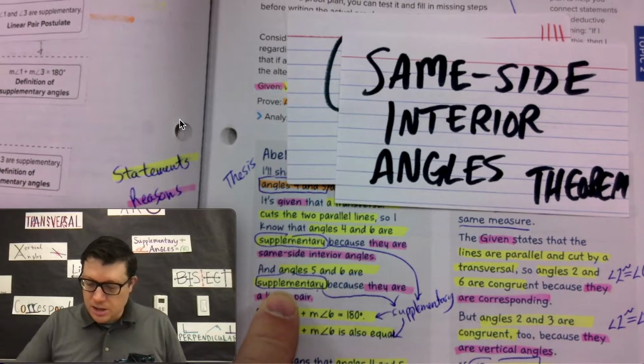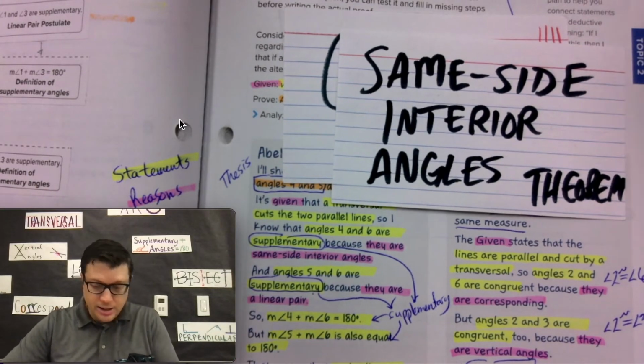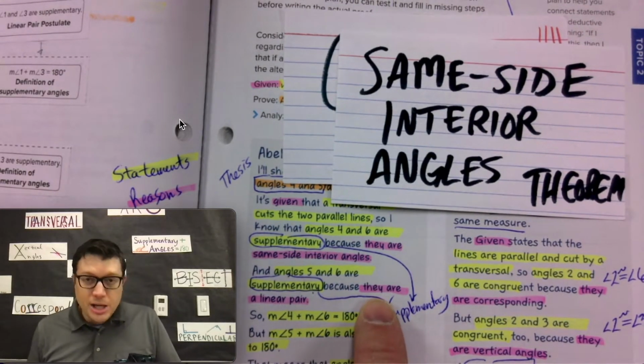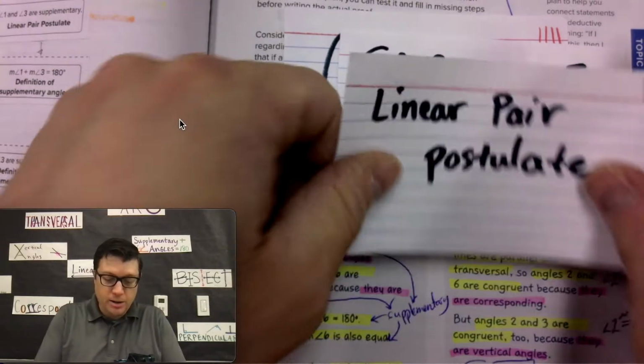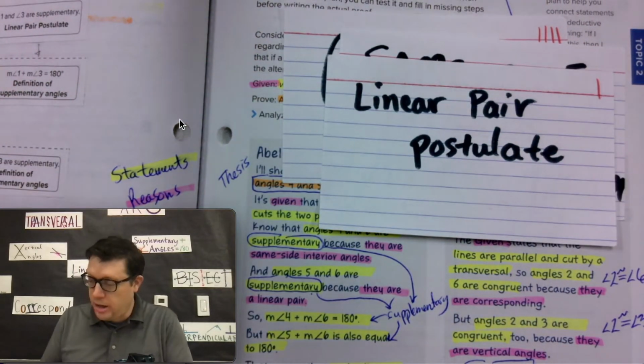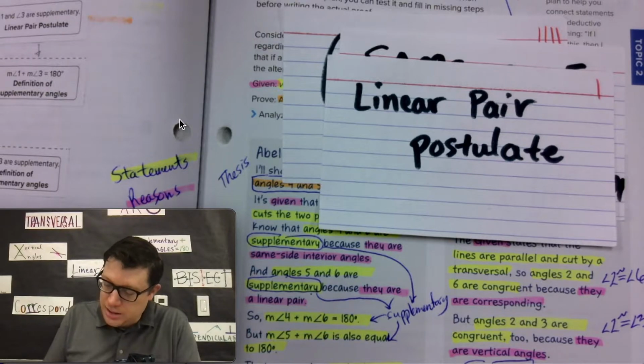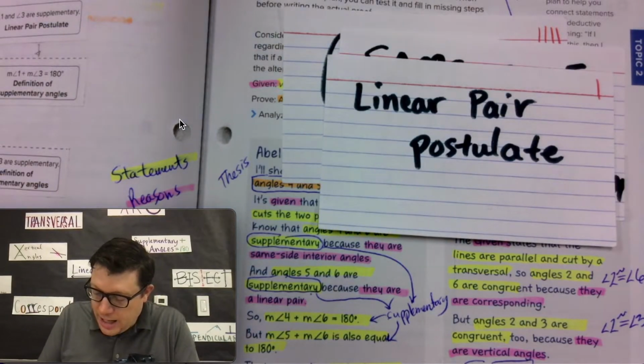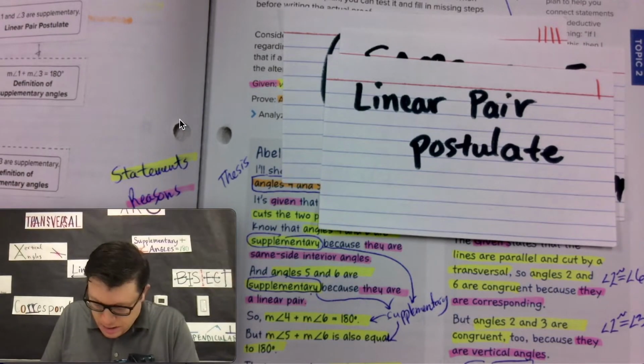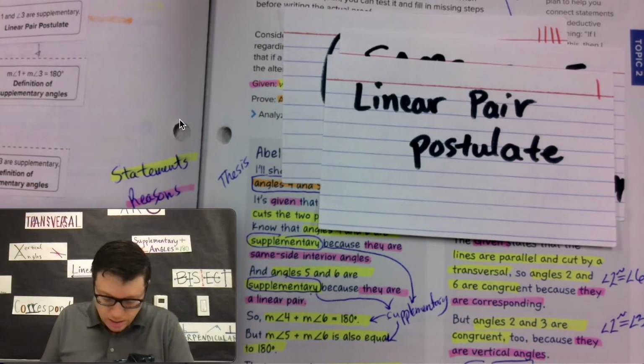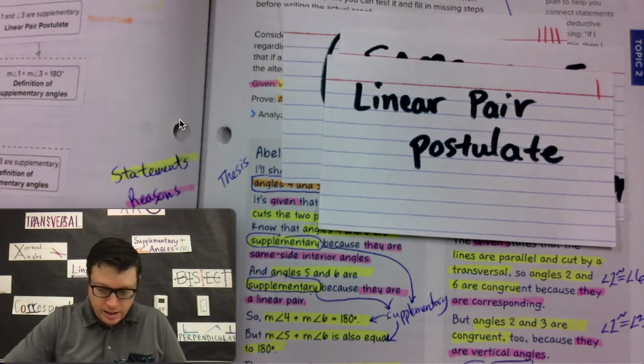Angle 5 and angle 6 are supplementary, and that is using the statement they are a linear pair. So I'm going to bring out the linear pair card and add that to the list of theorems, statements, and postulates that Abellina used. Linear pair postulate. And then I'm continuing to look a little further on down the line.